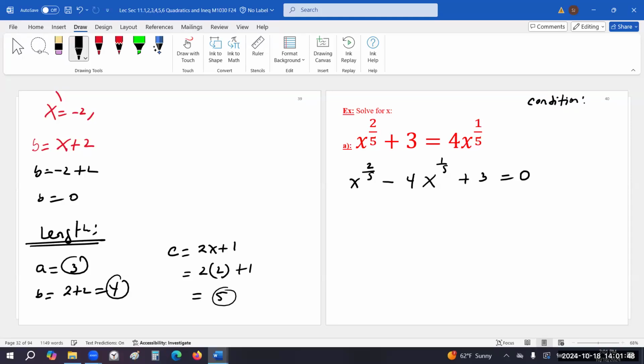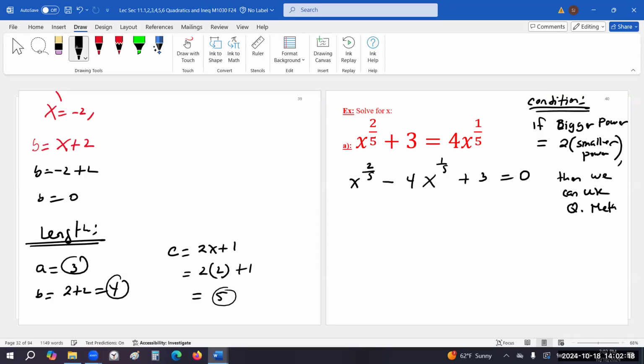The condition says, if the bigger power is 2 times the smaller power, then we can use quadratic methods. Only one simple condition.